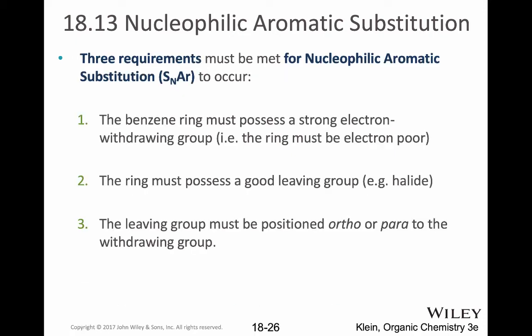And there are three things you need in order to do a nucleophilic aromatic substitution. The benzene ring must have a strong electron withdrawing group, a nitrile, a strong deactivator on it.